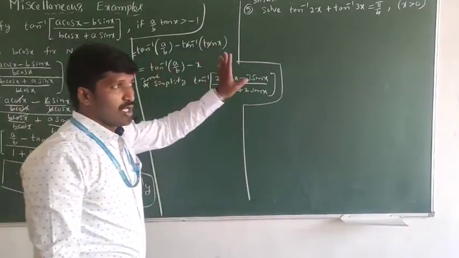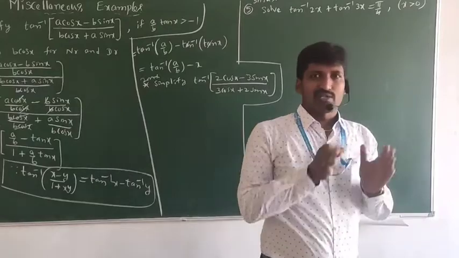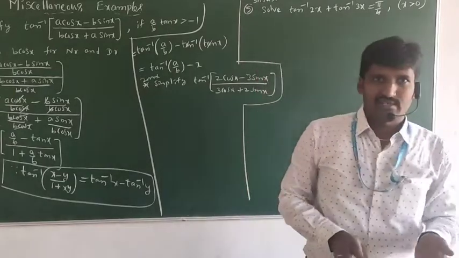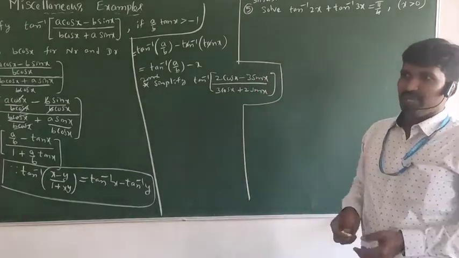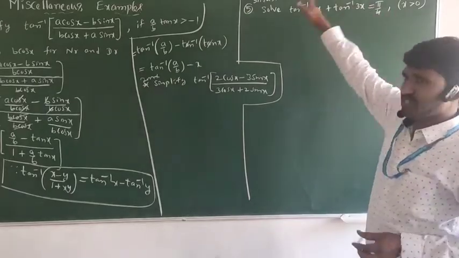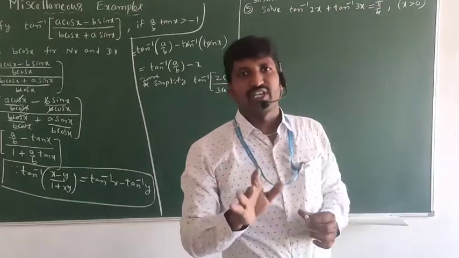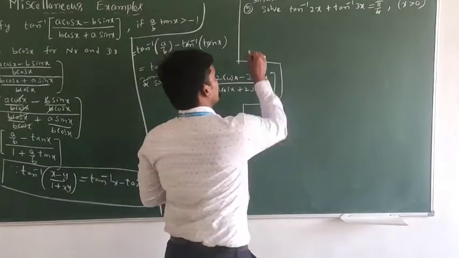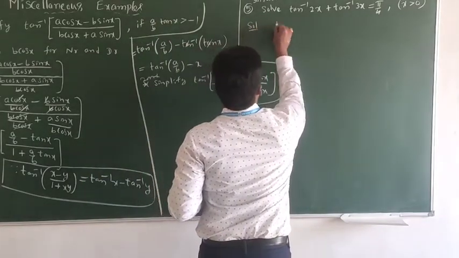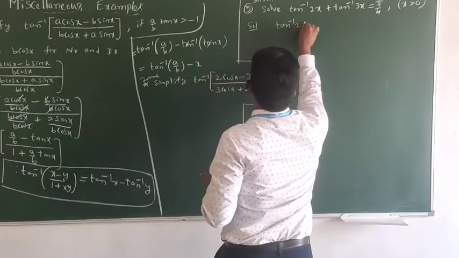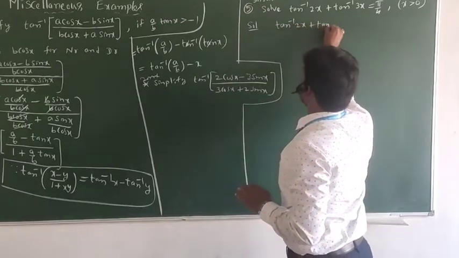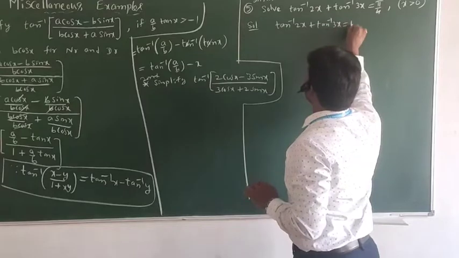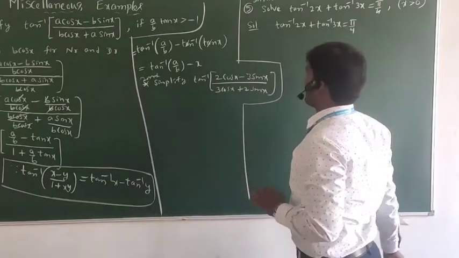Now, solve means don't try to prove or show LHS equals RHS. Solve or find means we need to take the complete equation. From that equation we need to find the unknown value, the x value. What equation is given? Tan inverse of 2x plus tan inverse of 3x is equal to pi by 4.